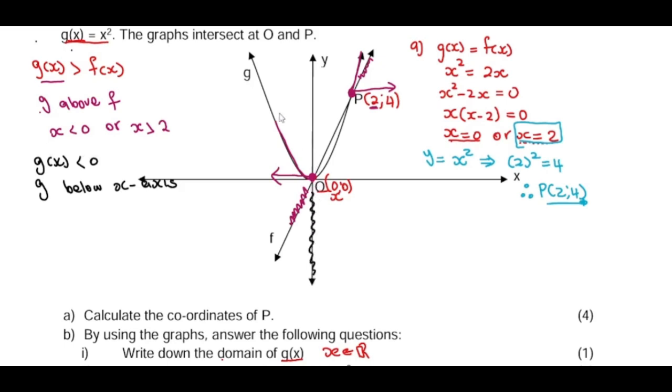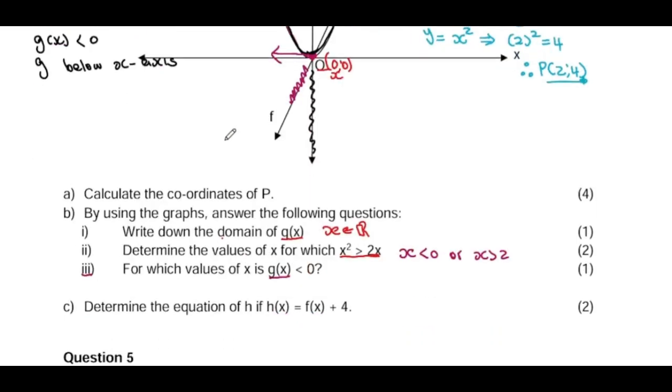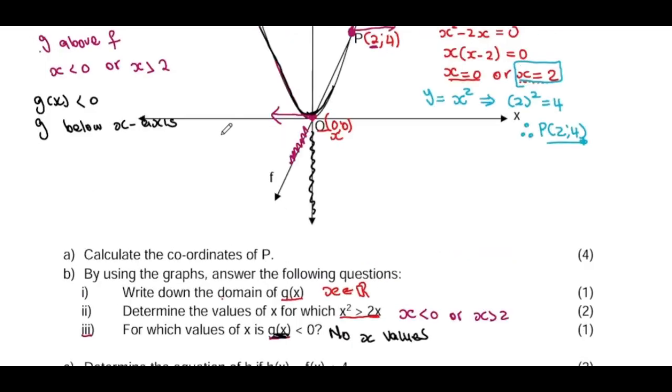No. The graph of g is just concave up and it tends to 0. So we don't have any negative y values. This tells you that there's no x values. So the answer for this one, no x values. There's no x values where g at x is negative, where g at x is below the x-axis.